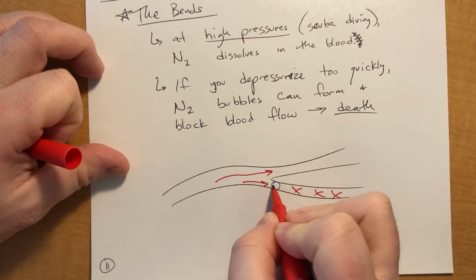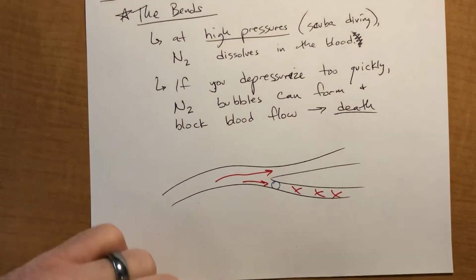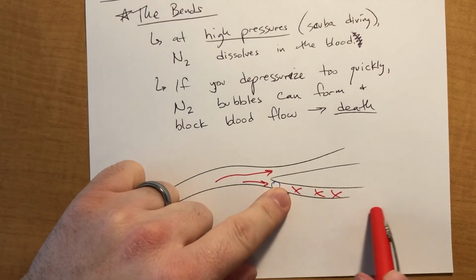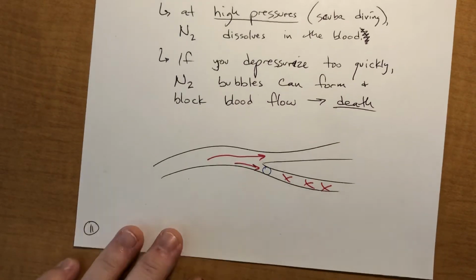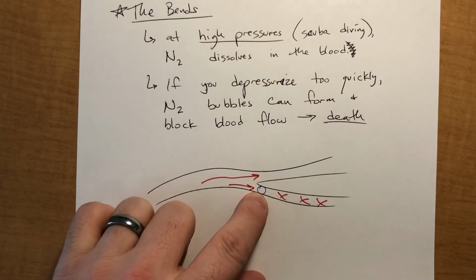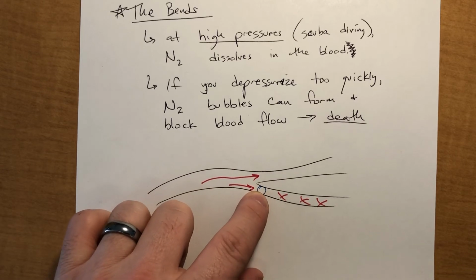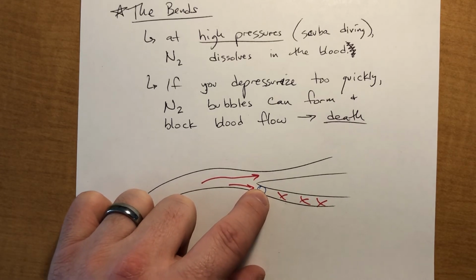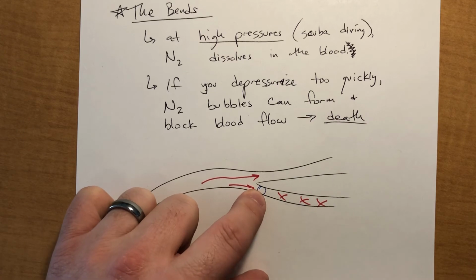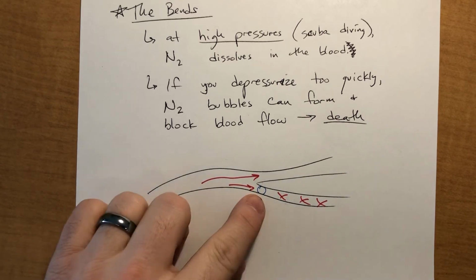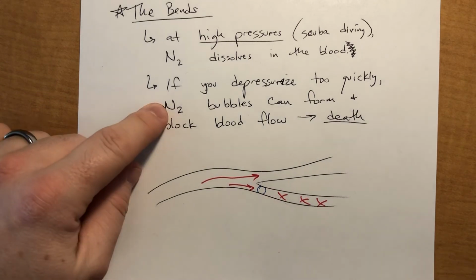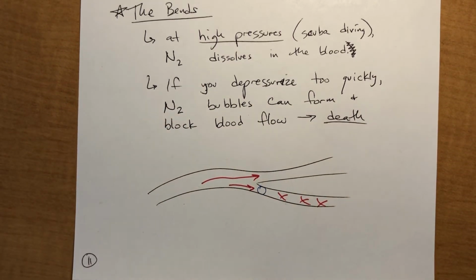It would block this, and wherever this is, there would be no blood flow to this area. It's essentially the same concept as having a stroke, but instead of having a blood clot there or fatty tissue or, what is cholesterol? Instead of having that type of blockage, it's literally just an air bubble that's blocking the flow.